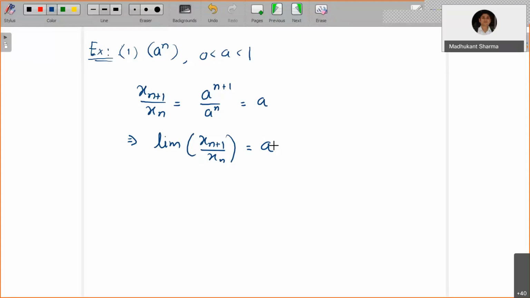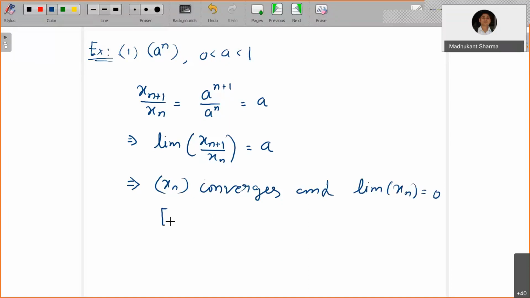So let's say a is less than 1. Then the previous result guarantees that xn converges and the limit of xn is 0, since it is given that a is less than 1.